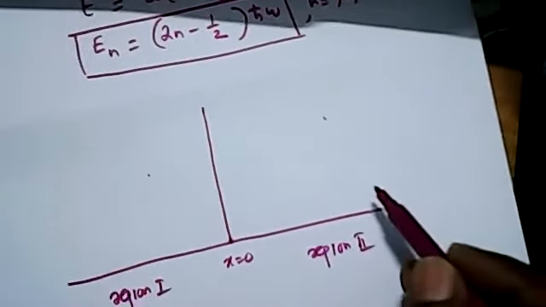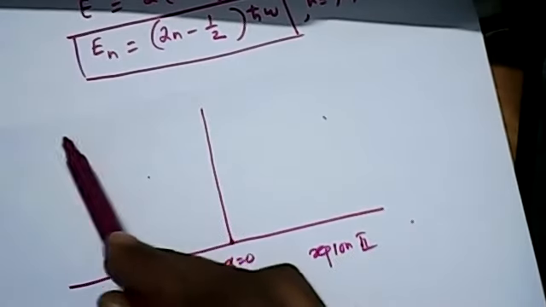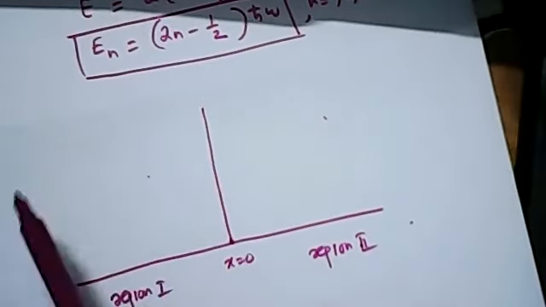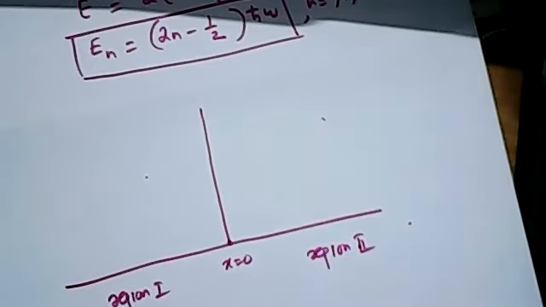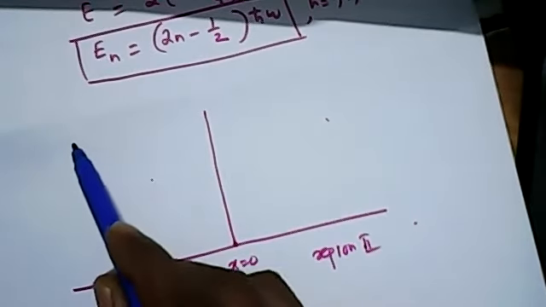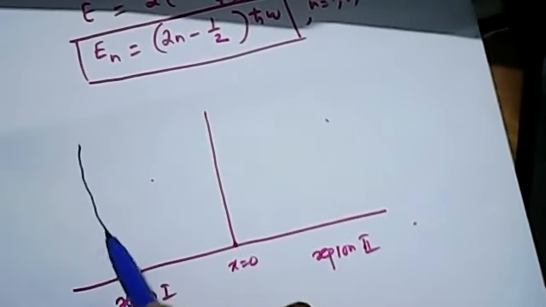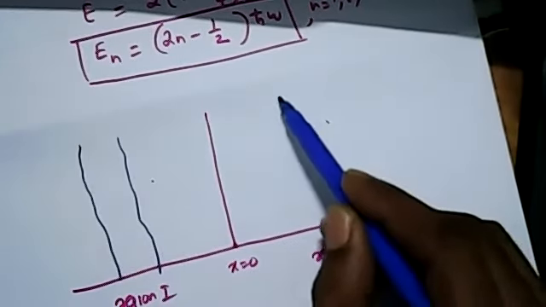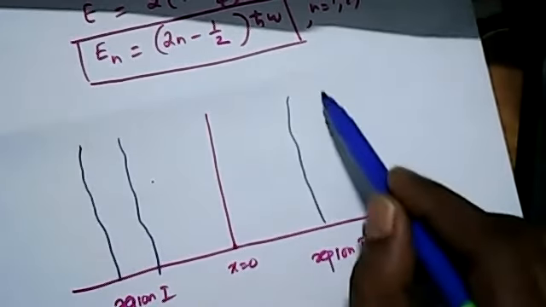Okay, region 1 and 2, and I will draw with some other color. So this is the matching region on the left side, and this is the matching region on the right side.